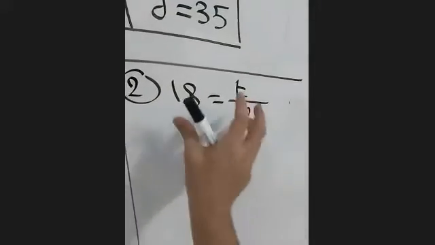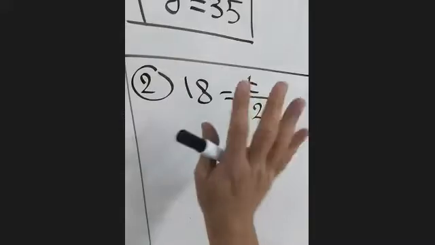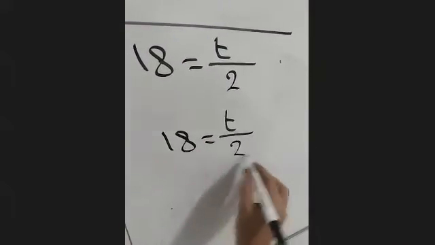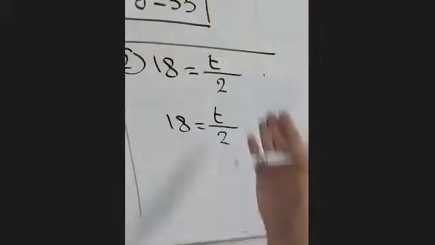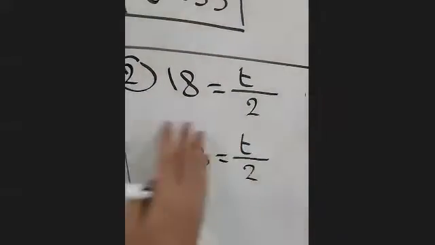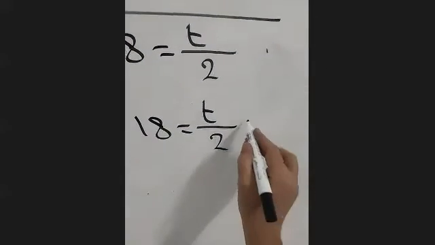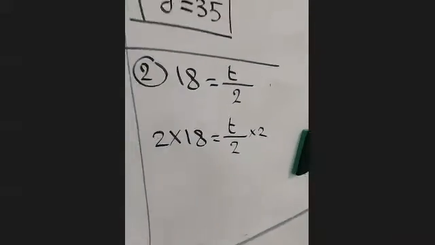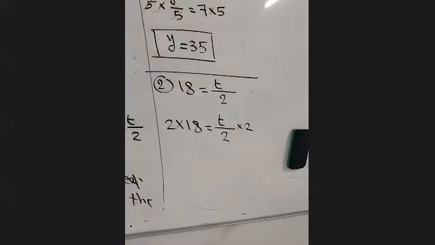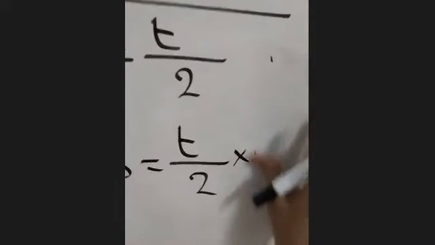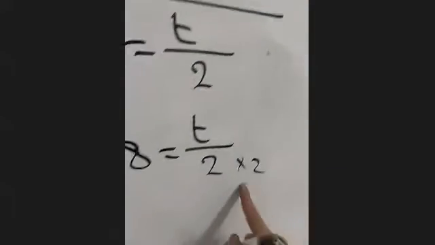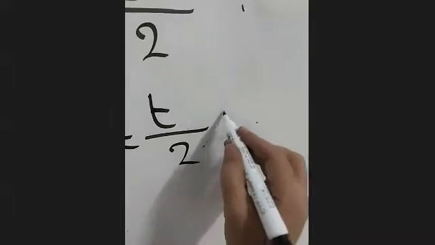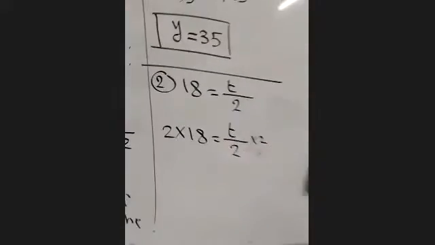The first step, let's rewrite the equation: 18 equals t over 2. Here multiply by 2 and here multiply by 2. Again, do not write multiply by 2 down here. This is wrong. Write it up beside the fraction, like this.